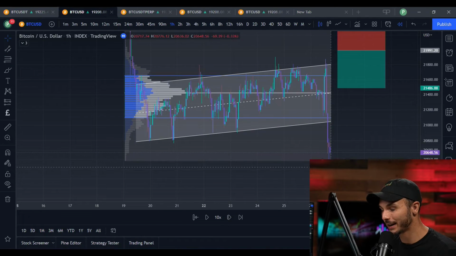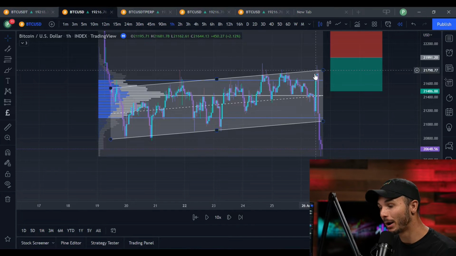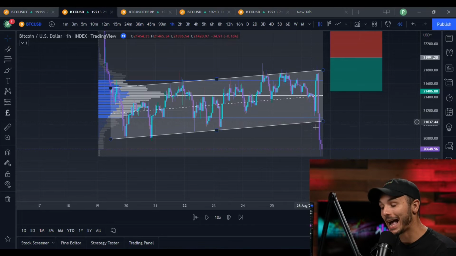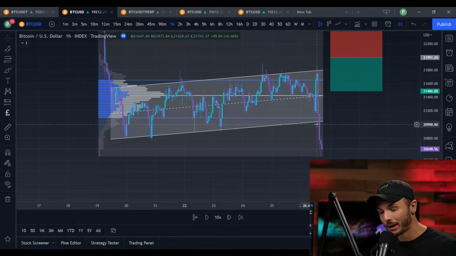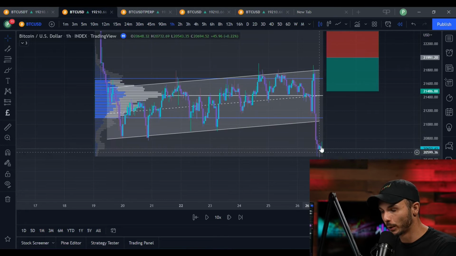Eventually, you see here, guys, you don't even close the 1 hour candle above the bear flag, and then you get that big rejection and you break down and out of that bear flag, which we know is obviously the more probable situation here, because bear flags break down more than they break up, and we break down to lower prices.